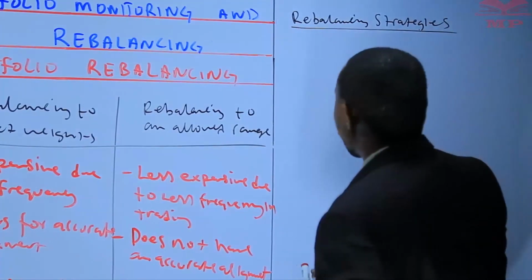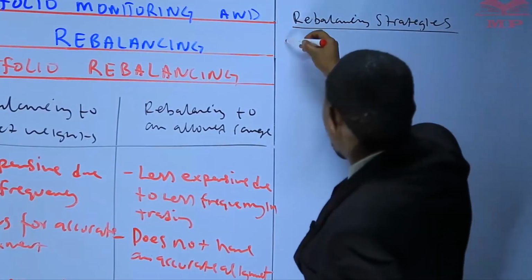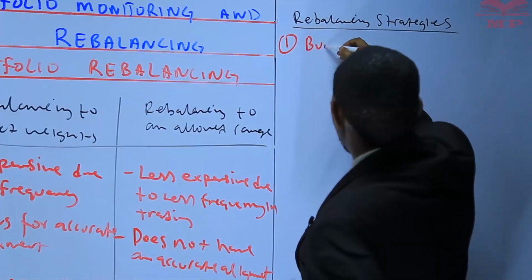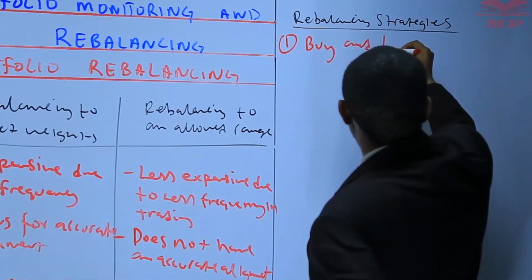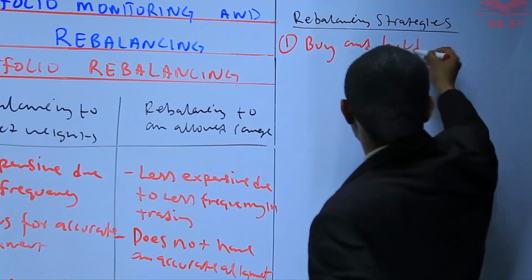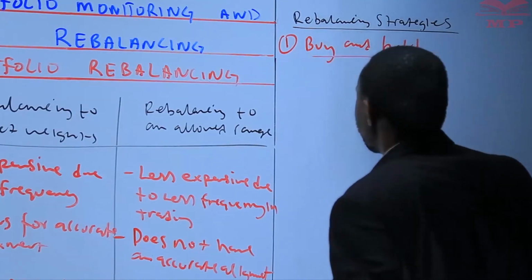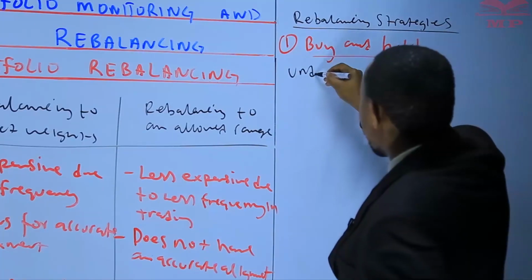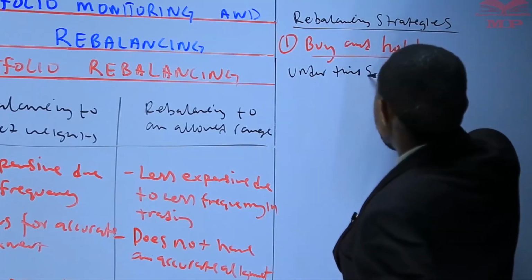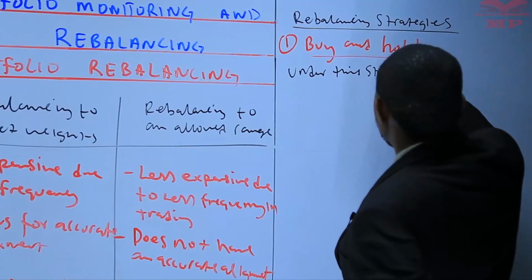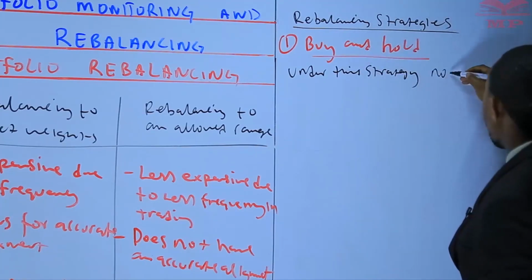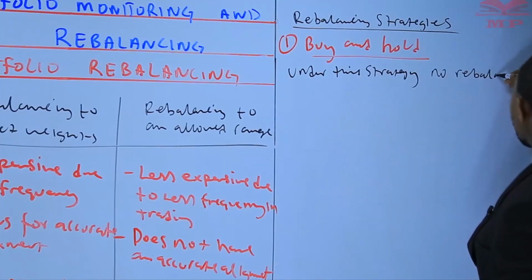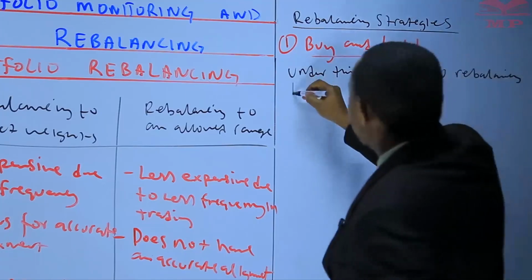And the first one right over here is the buy and hold strategy. Under this strategy, no rebalancing takes place.